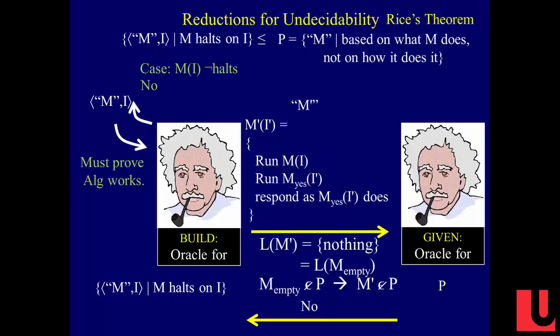Can you please differentiate between the different machines again? I feel your pain, because one of the problems with all these Turing machines, all these proofs, is there are so many Turing machines being thrown around.